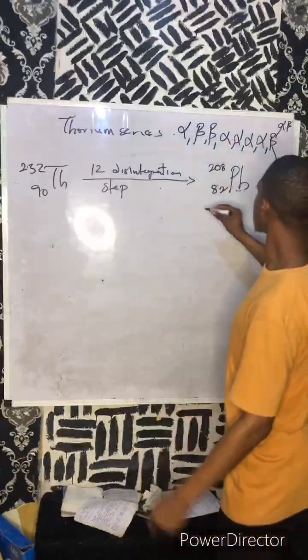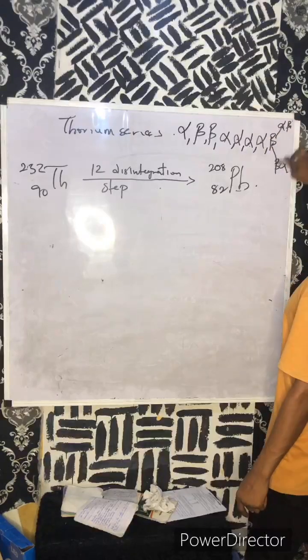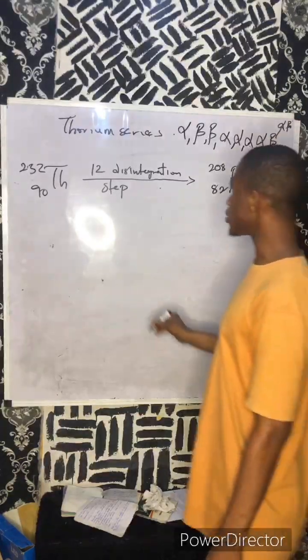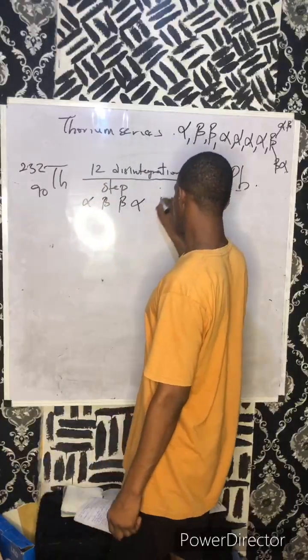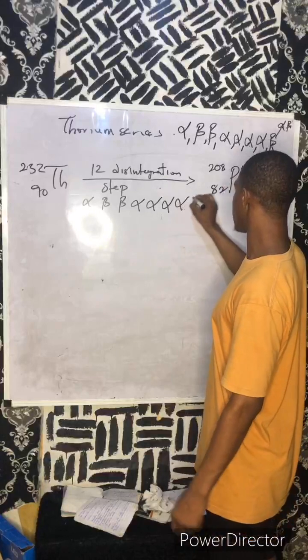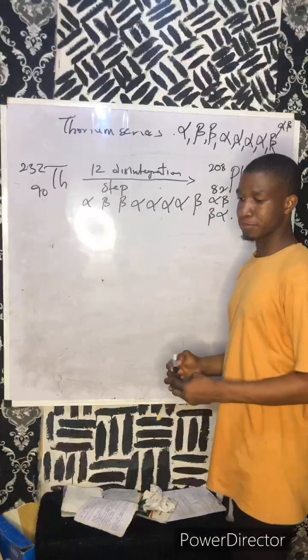Let's count: 1, 2, 3, 4, 5, 6, 7, 8, 9, 10, 11, 12. So we have 12 steps.